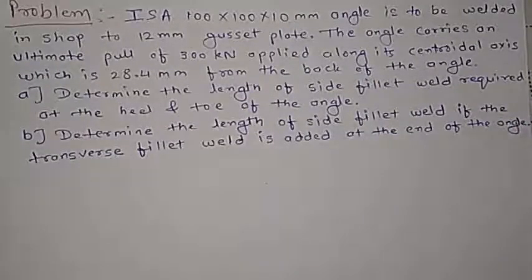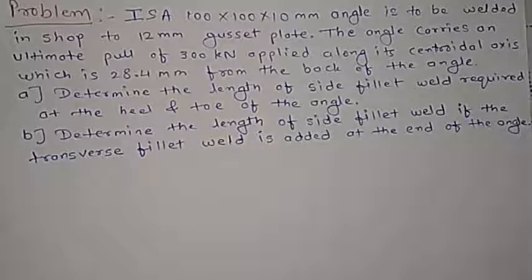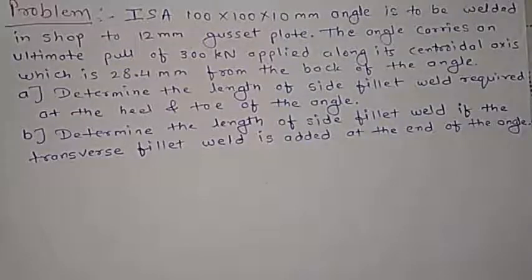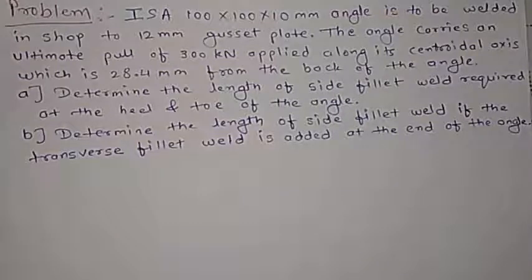So that's the problem. The Indian standard angle section is given, and it is to be welded in shop to a 12 mm gusset plate, and this angle carries an ultimate pull of 300 kN applied along its centroidal axis, which is 28.4 mm from the back of the angle.